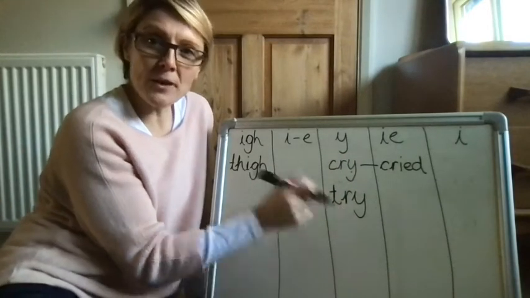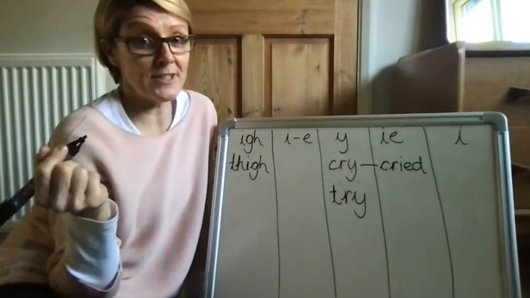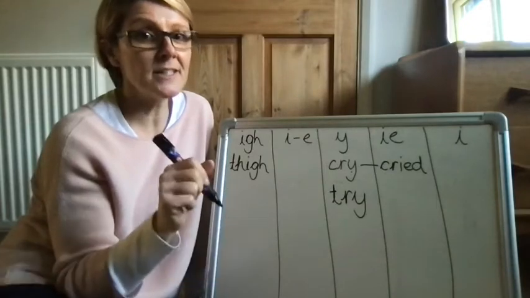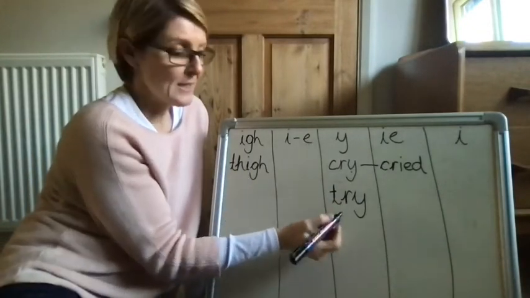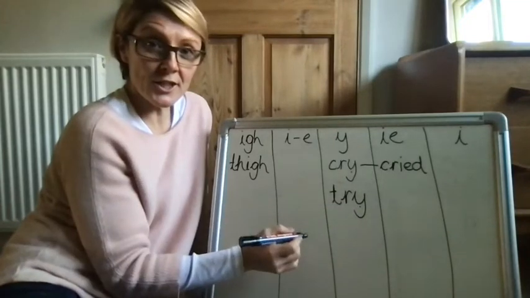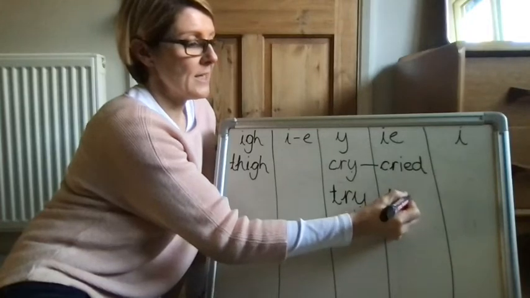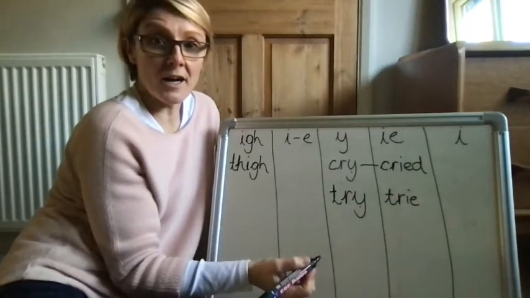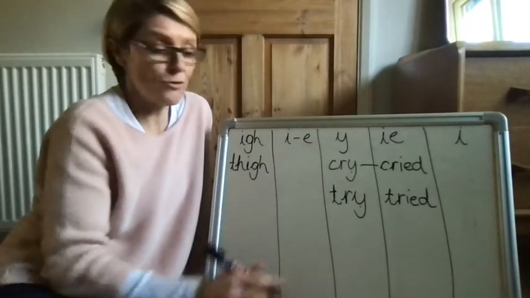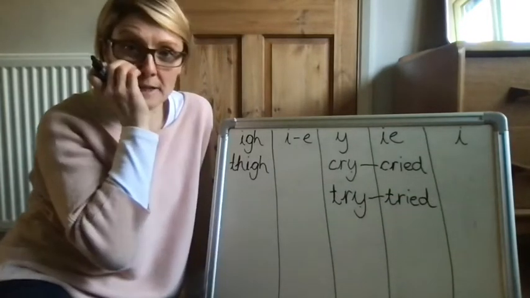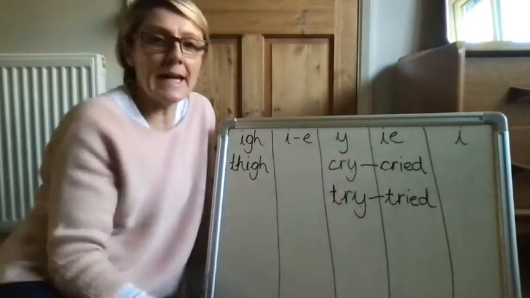Can you do the same with try? So in the last video, I tried really hard. Tried. So we're going to change this Y into this I. Tried. So again, these two are linked. So can you see that? That is a spelling pattern.